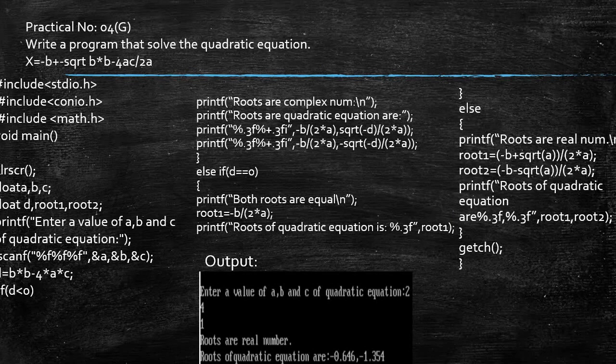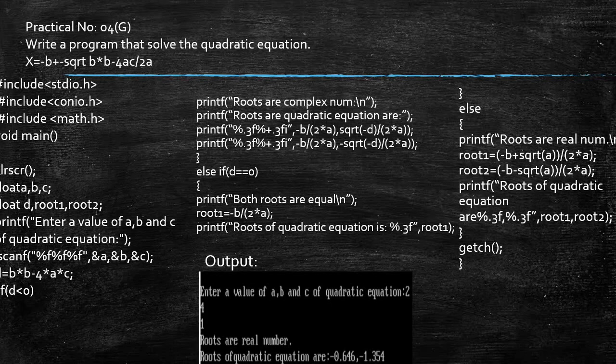Now we will see the program to solve the quadratic equation. This is an equation which we have to solve. Basically, a quadratic equation is ax raised to 2 plus bx plus c equal to 0.